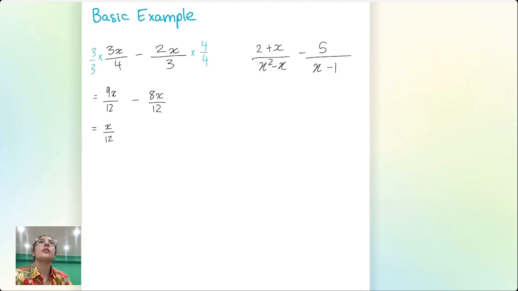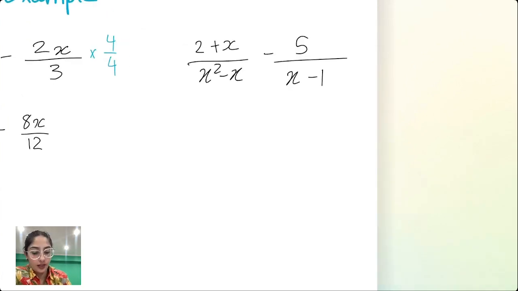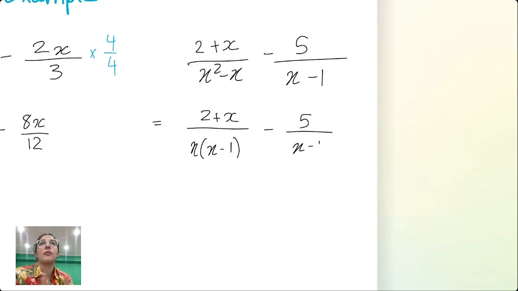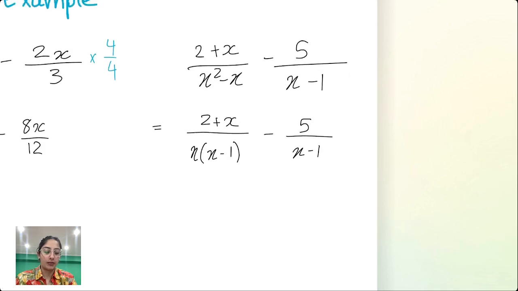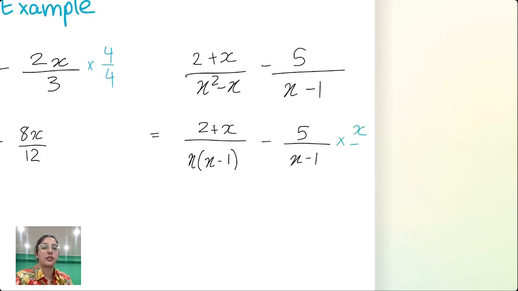So to do this question, we're going to start off by factorizing, as I said. The only thing I can really factorize is this, with highest common factor being x, so I can pull the x out and I get x minus 1. Then I see that we do have a common factor on both denominators of x minus 1, so the only thing I'm really missing is an x on this one. So I'm just going to multiply it by x on x.